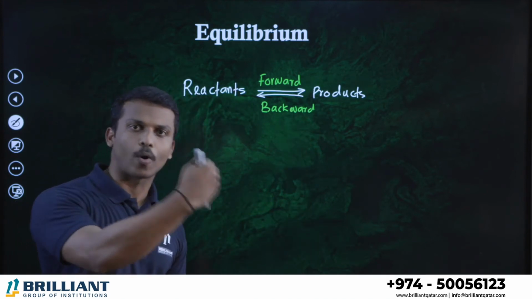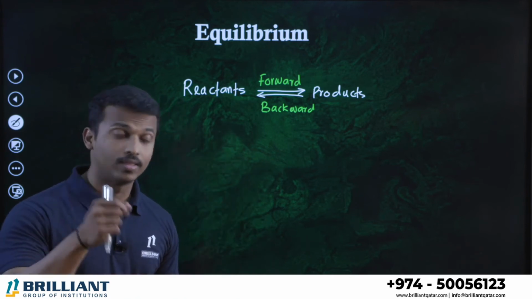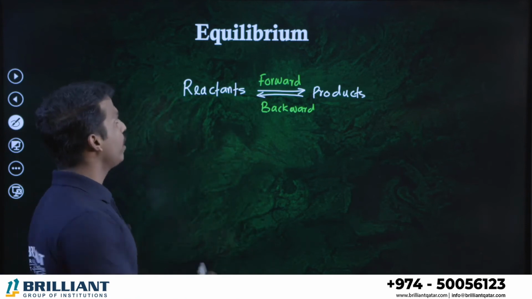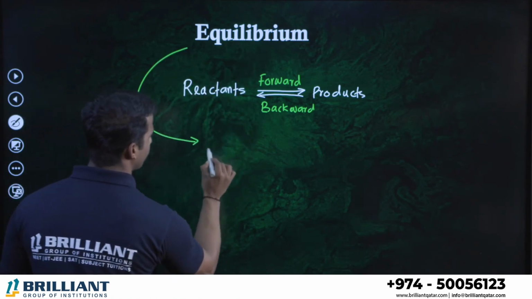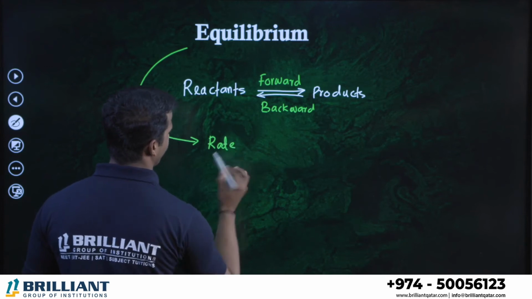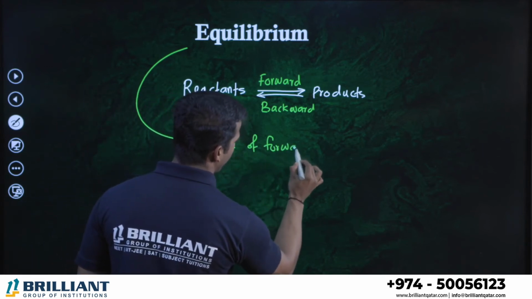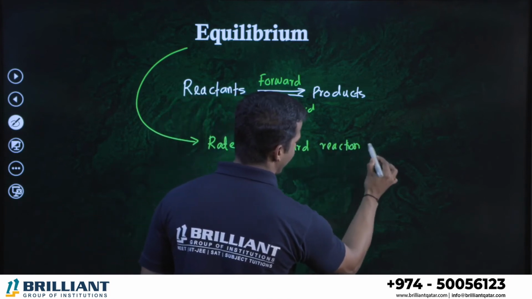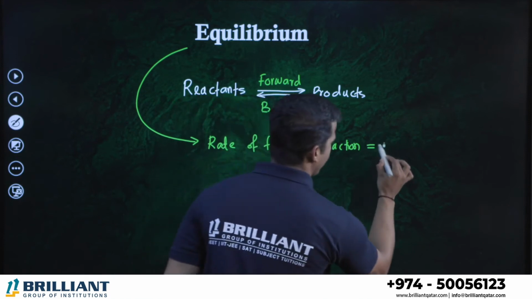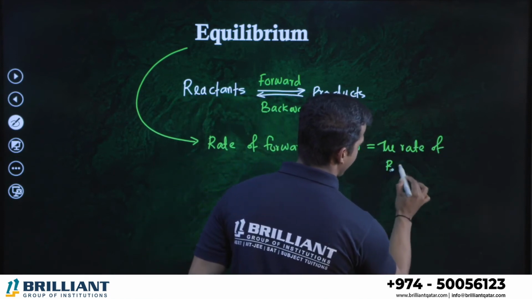So reactant to products is called forward reaction. Product to reactant is called the backward reaction. Now, what is the meaning of equilibrium? Equilibrium means the state of a system when the rate of forward reaction is equal to the rate of backward reaction.